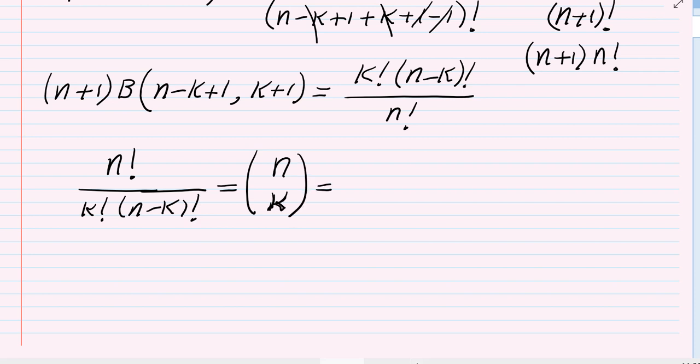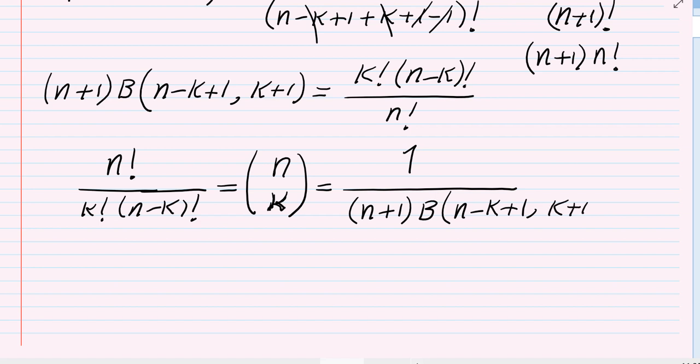And the right side, of course, remember we did the reciprocal, so it's going to be 1 over n plus 1 times beta of n minus k plus 1, comma, k plus 1. And that is the final relationship between the binomial coefficient and the beta function.